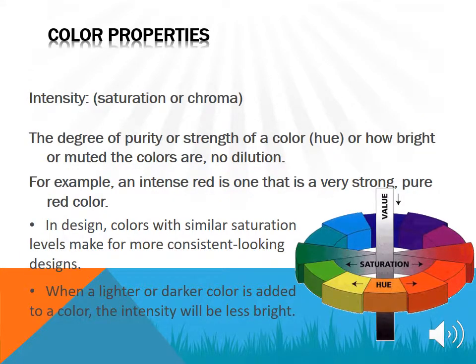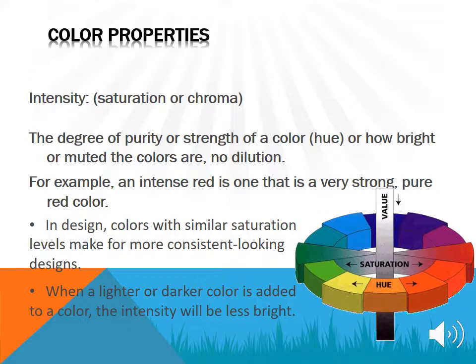Intensity is another term we introduced. It's the same as saturation or chroma. So the three words, intensity, saturation, and chroma, mean the same. It talks about the degree of purity or strength of a color, or how bright or muted the colors are, with no dilution.